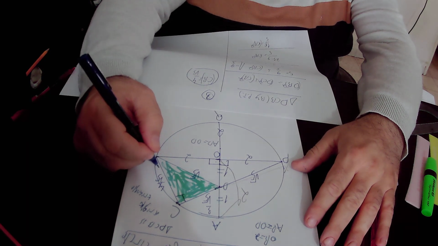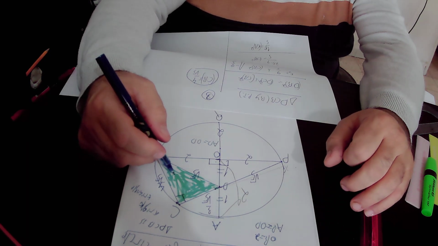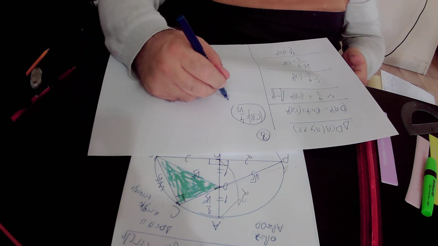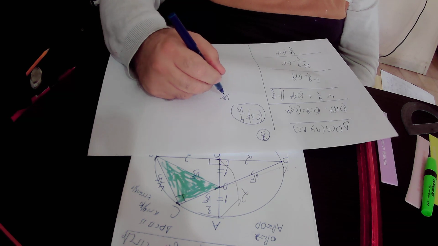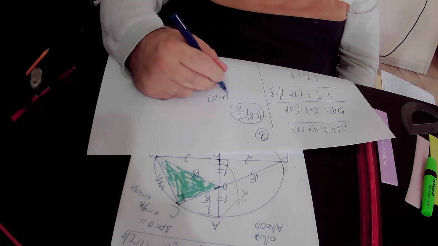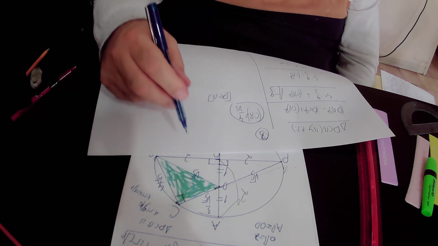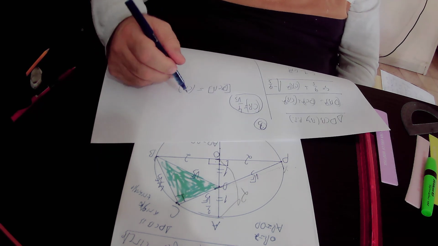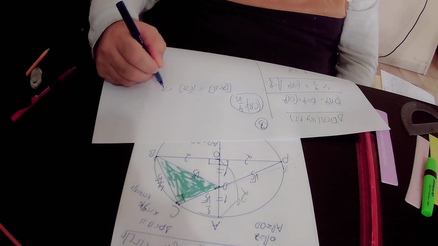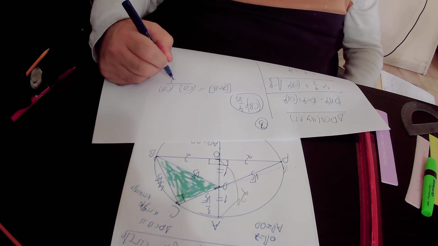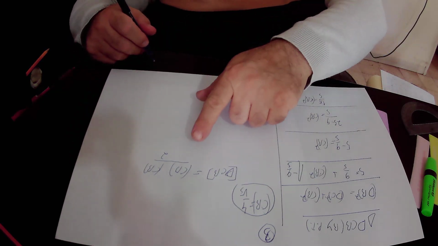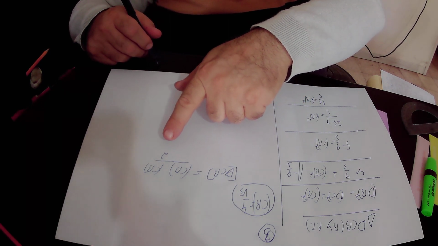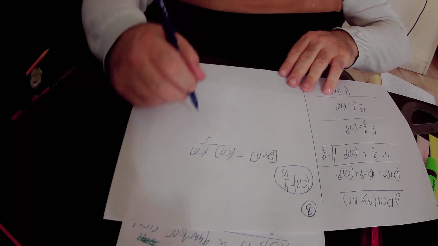Now it is very easy to find out the area of the blue triangle, triangle DCB. The area of triangle DCB will be equal to the base of the triangle, that is DC, times the height to the base, that is CB, over 2.